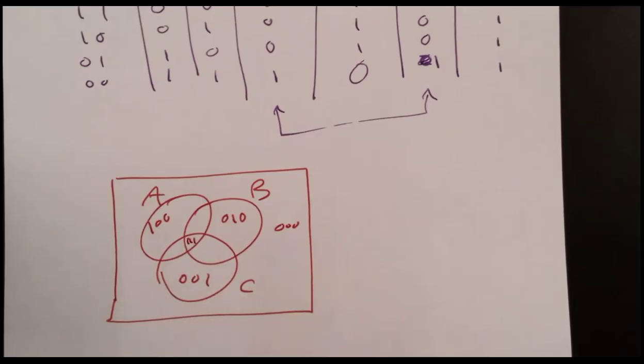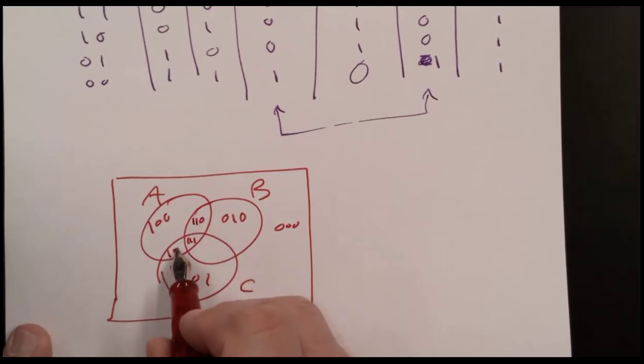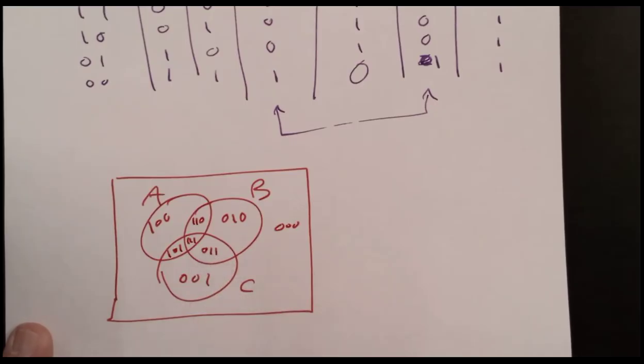And then all of the others have 2 1s and a 0. 1 1 0, 1 0 1, 0 1 1. 8 distinct options. P, Q, and R gave me 8 distinct rows.